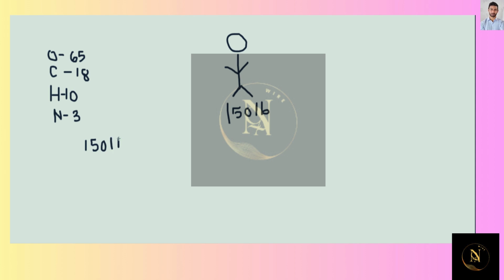And in order to convert, 1 pound is equal to 453.58 grams.